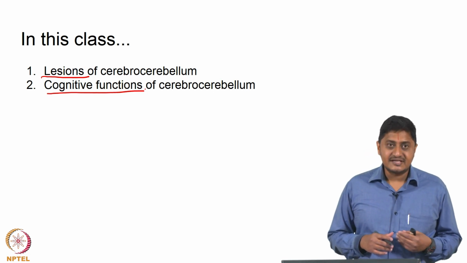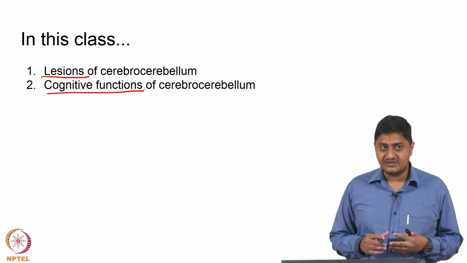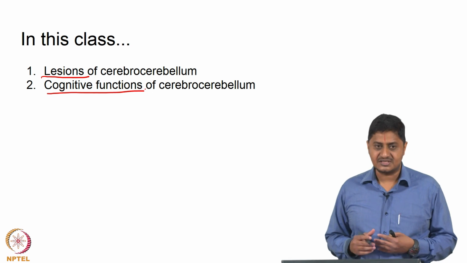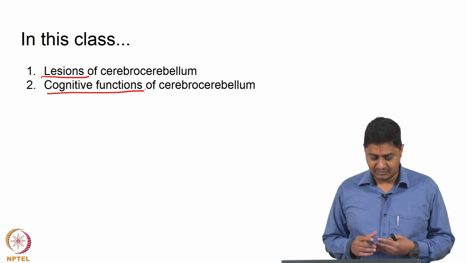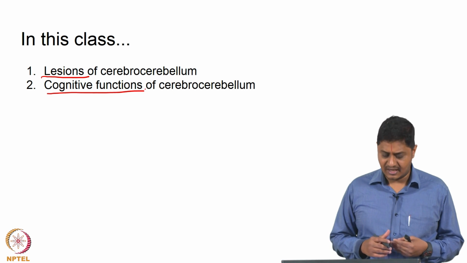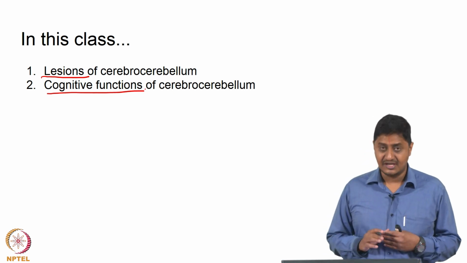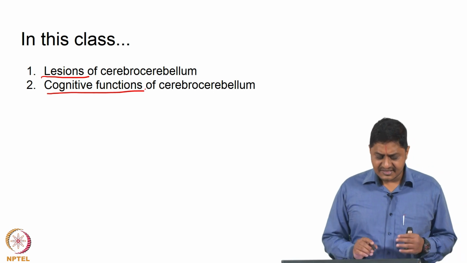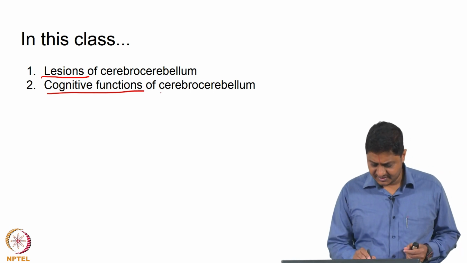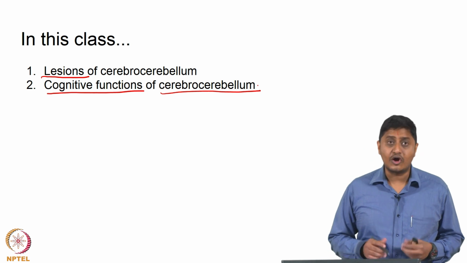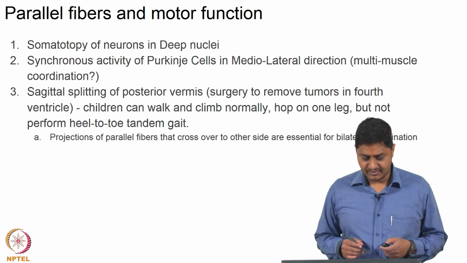But now there is increasing evidence to suggest that cerebellum also participates in functions other than motor functions, such as cognitive functions, such as sequencing, such as timing perception, etc. So, we will discuss some of these in this class. Okay. So, the cognitive functions of cerebrocerebellum.